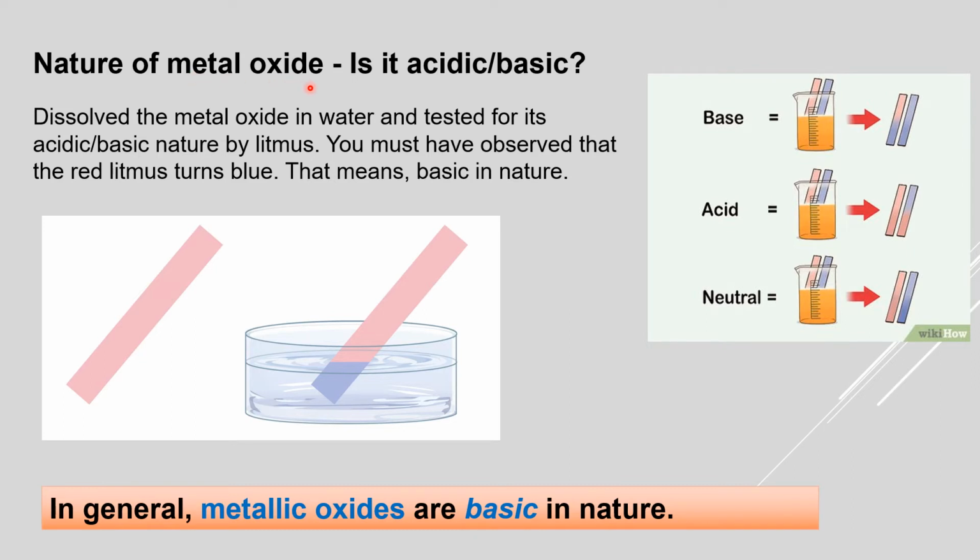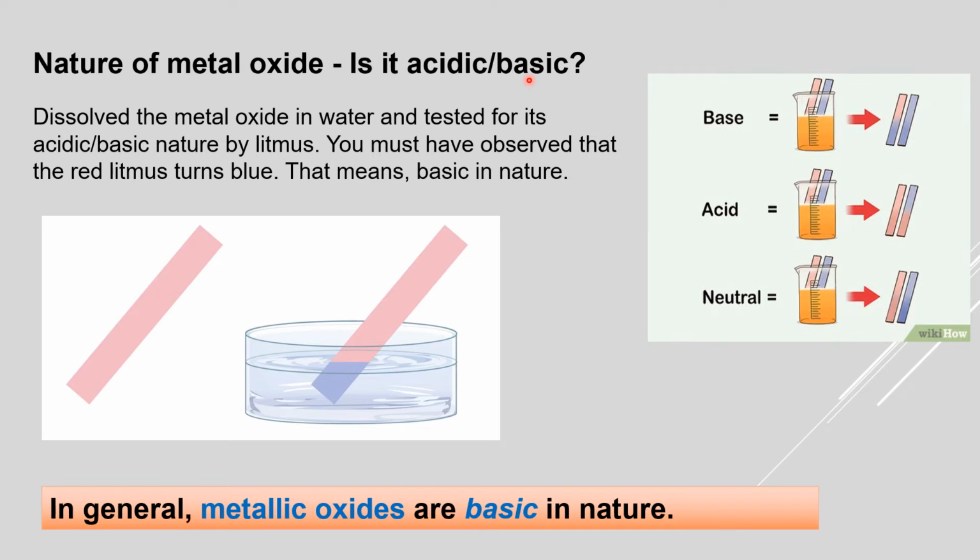Now we have to check whether the metal oxide is acidic or basic. This you also studied last year, in class 7. Using litmus paper, we can check whether a material is acidic or basic using an indicator. So litmus is an indicator.